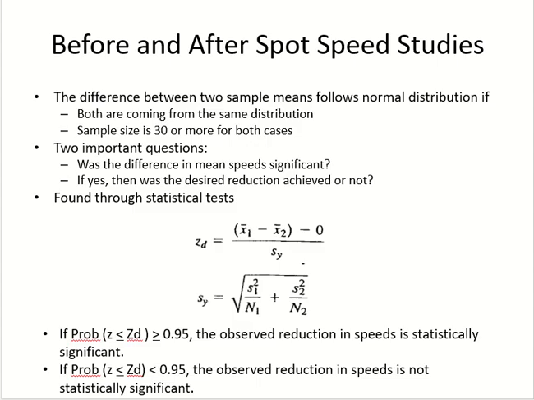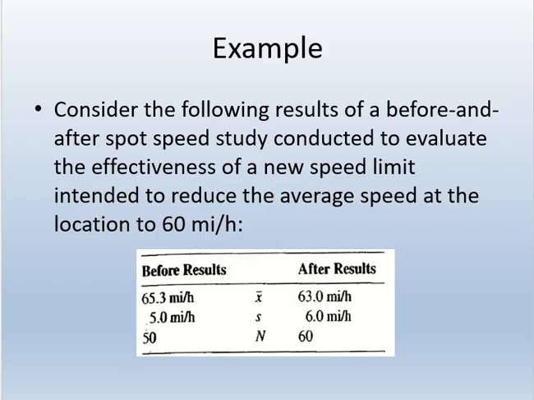Up. This one says accept. So accept means there is a change in speed before and after. If I go in this other region, it means before and after there is no change in speed.